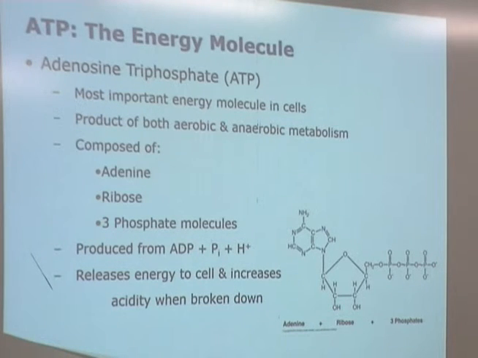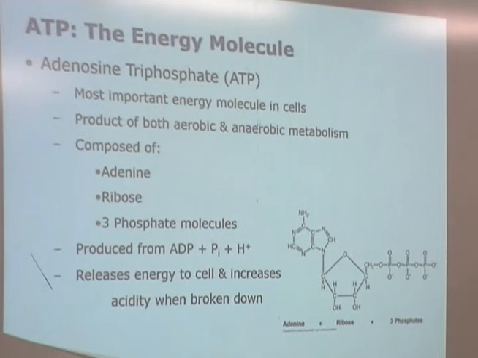And when we do this, we also release hydrogen. And hydrogen is the big whammy. Hydrogen molecules are acidic, and when we make energy, we release a lot of hydrogen while we're making it, and when we break it down.